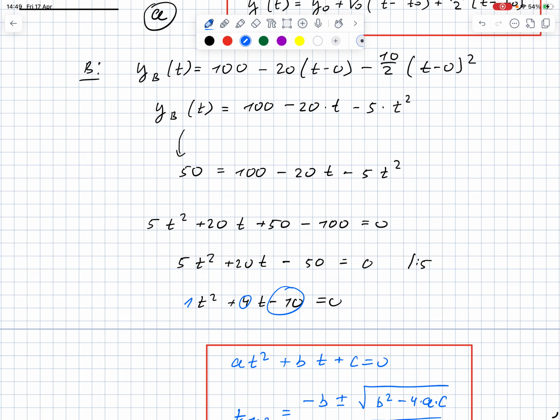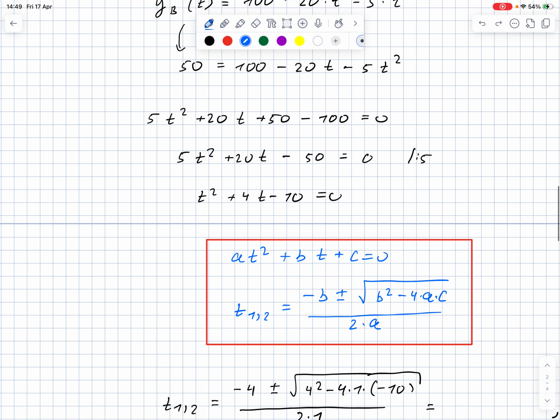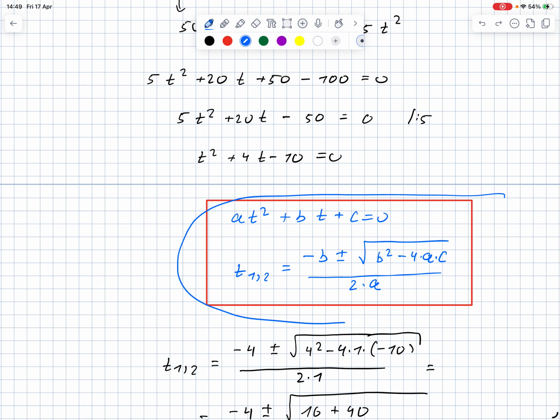You get two results probably. One of them probably would be negative and the second would be positive. Of course, you're going to use the positive because we're talking about t which is greater than 0 seconds. Now I'm going to use this formula. Maybe you know this formula.